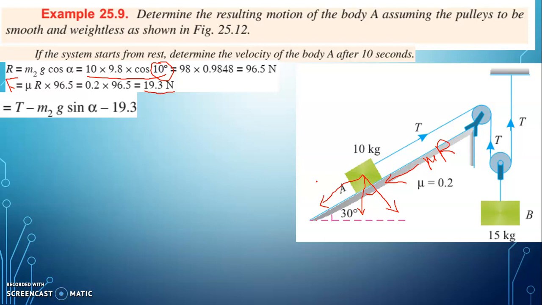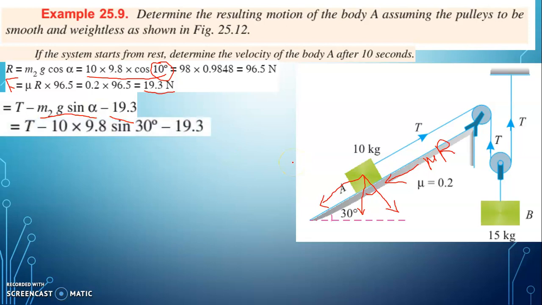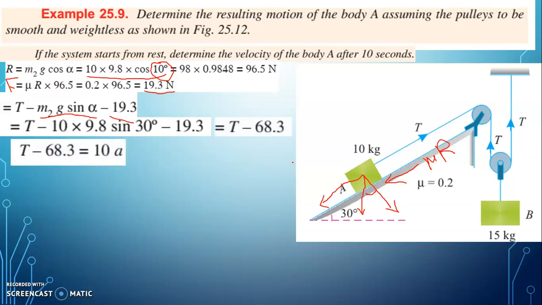So T will be taken as positive, and opposing forces mu into R, that is 19.3, and m2 g sin theta, which is 10 into g into sin alpha, that is 30 degree. So we will be considering all the forces and we will be equating it into mass into acceleration. So mass of the body is equal to 10 and acceleration we have given as a. So we got the first equation as T minus 68.3 is equal to 10a.